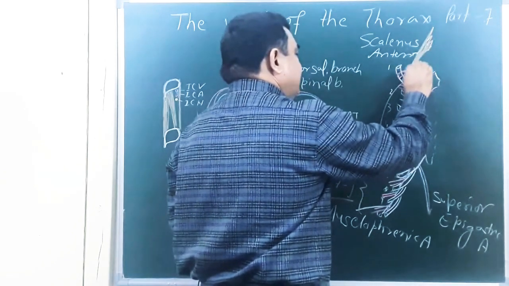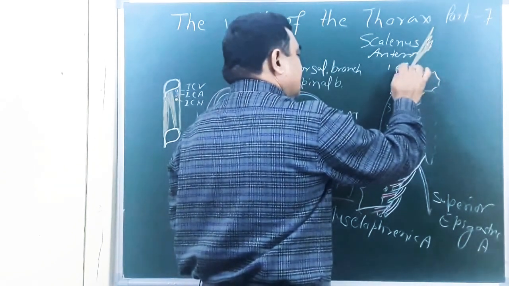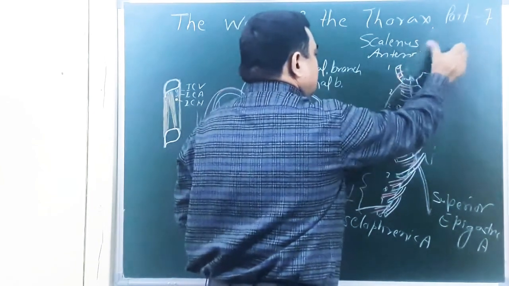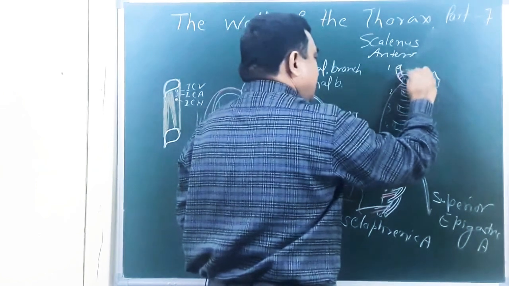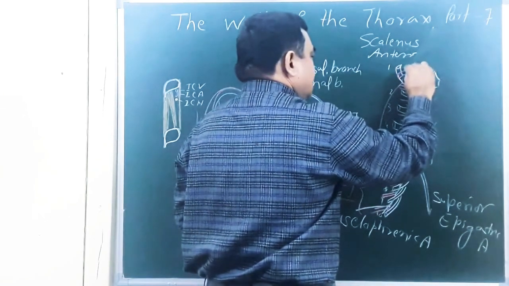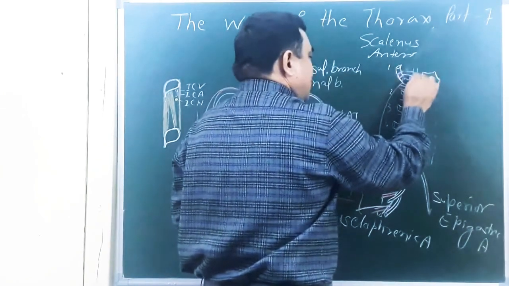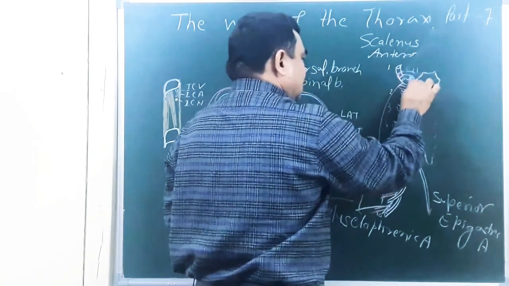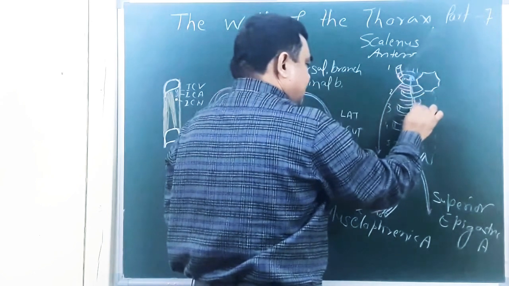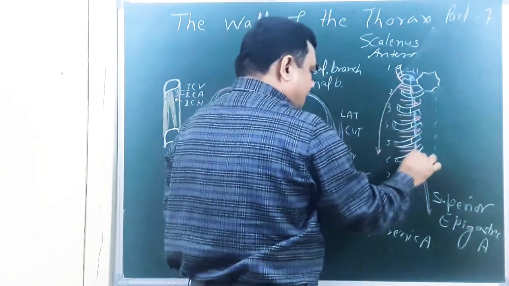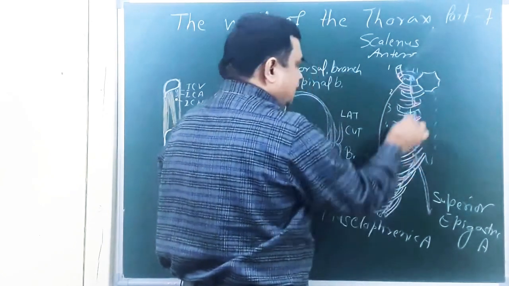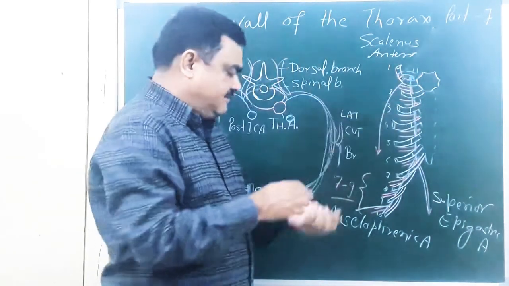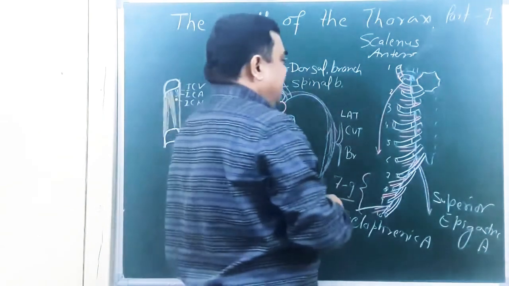Here is brachiocephalic vein. Here is position of brachiocephalic vein. So it drains into brachiocephalic vein. Internal thoracic vein accompanies the artery and drains into, sorry, it drains into brachiocephalic vein. This vein is brachiocephalic vein.